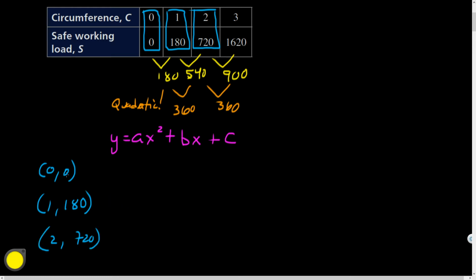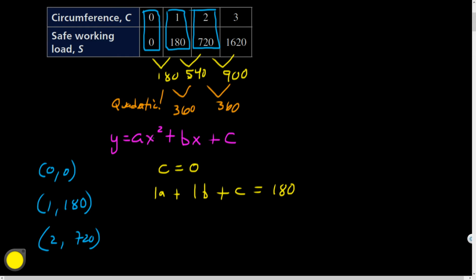If I plug in for x and y, 0 squared is 0 times a is 0, 0 times b is 0, add 2 zeros together, and I'd get c equals 0. So c equals 0 is my first equation. Very helpful. 1 squared is 1, so 1a plus 1b plus c equals 180 is what I get when I plug in for x and y.